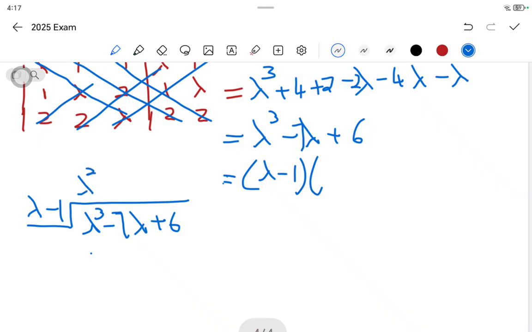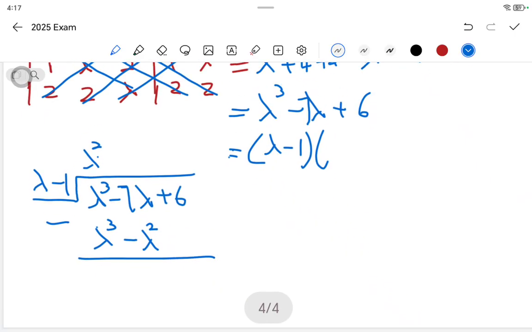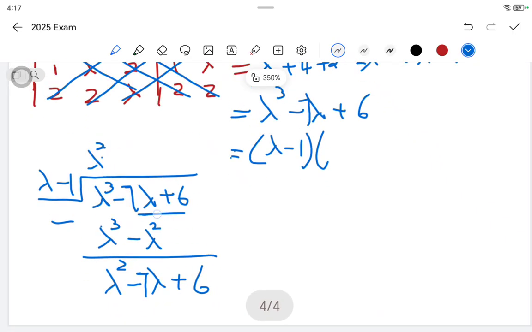Then this times this gives us lambda cubed minus lambda squared. Then lambda cubed minus lambda cubed is 0. Then here we get lambda squared minus 7 lambda plus 6. We just drop these two because there's nothing we can subtract them with.